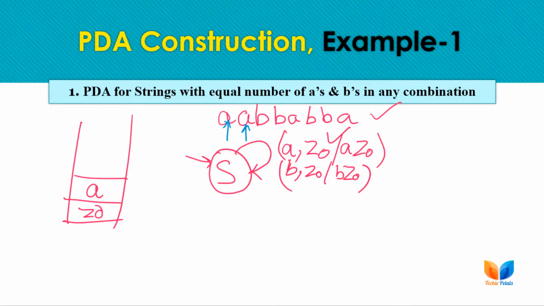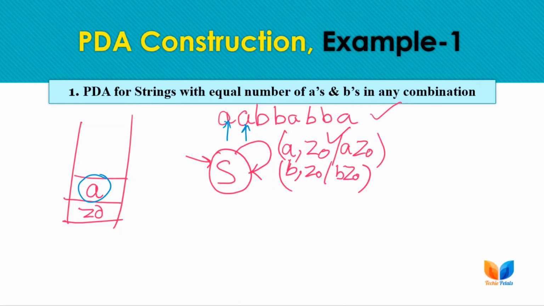Okay, so for this question we will be following the approach that if we are having the same symbol as the stack top, then simply push the symbol onto the stack, and if we are having a different symbol, means the stack top is A and the input is B, then we can pop one symbol from the stack top, means we have cancelled out one combination of A's and B's.